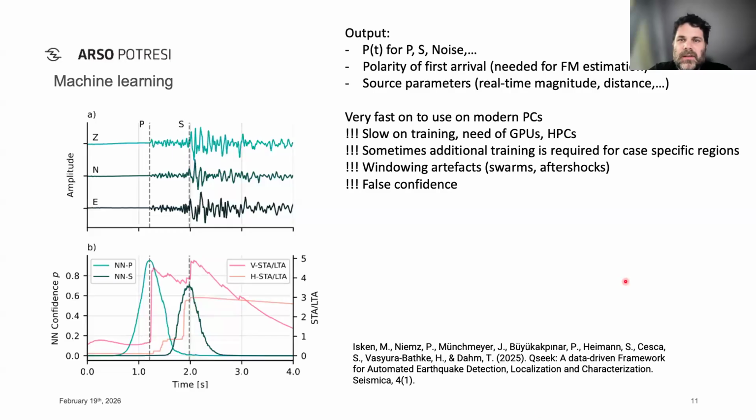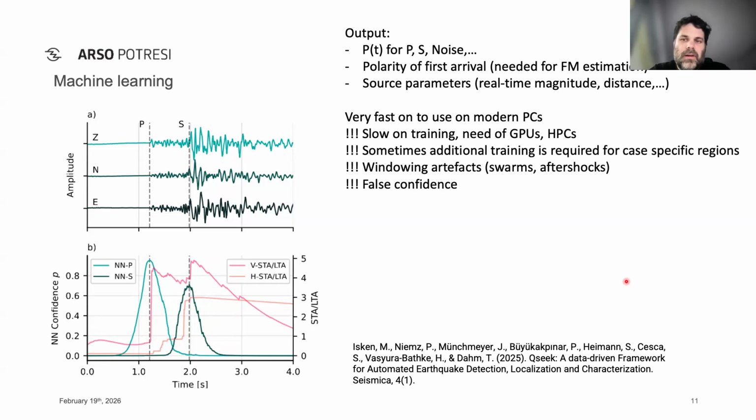These machine learning pickers can do much more than just give you the P and S wave arrival time. They will also tell you if the part you're looking at is noise, not an earthquake at all.